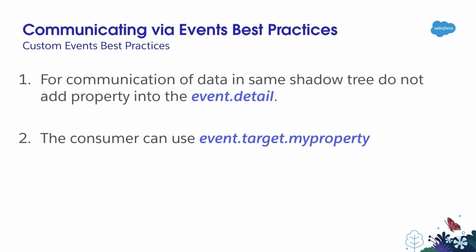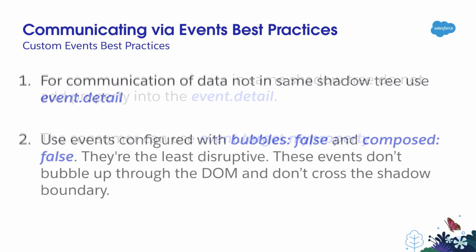Next, let's take an example of component communication when two components, the parent and the child, are part of the same shadow tree. In that scenario, you do not need to add the property that you are trying to pass around by using event.detail. The next best practices are for events when they are not in the same shadow tree.